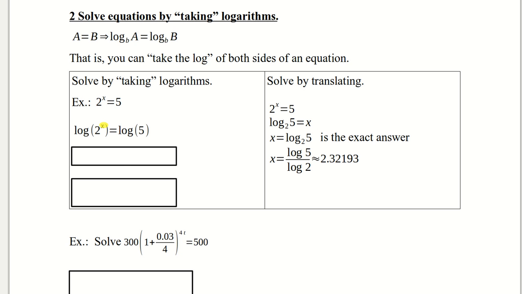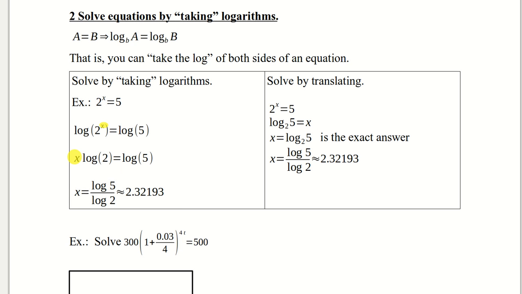So in the next step, you're going to see that x coming out front. Now that means that that x is attached to the log of 2 by multiplication. In other words, I can get the x by itself now simply by dividing. And that's the power of the power rule. So if I want to get the x by itself, I need to divide both sides by the log of 2, and I get the same answer I got before.